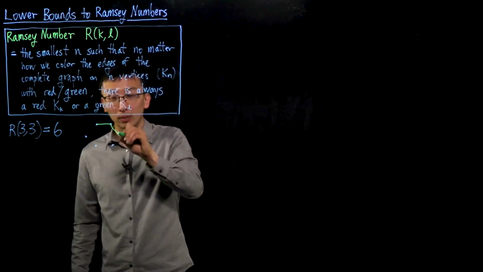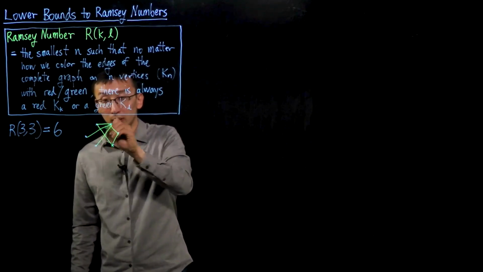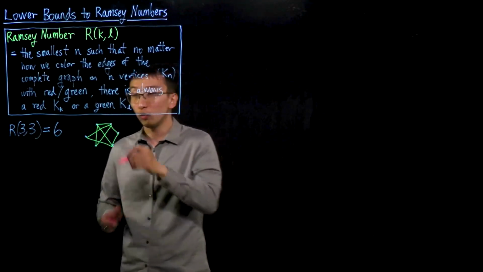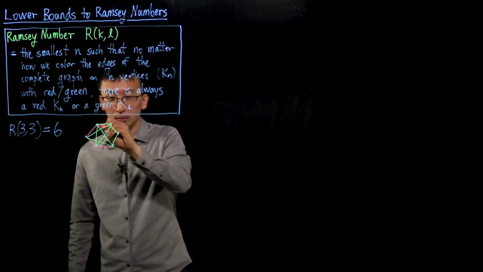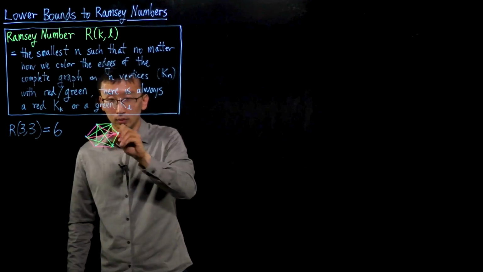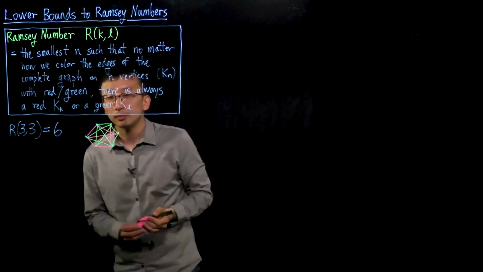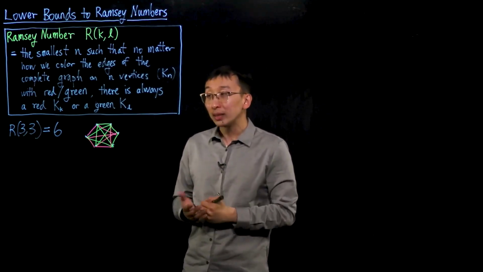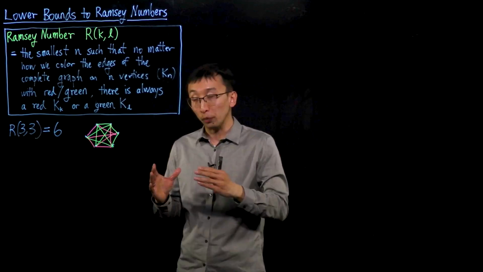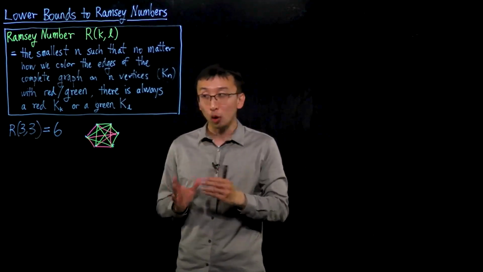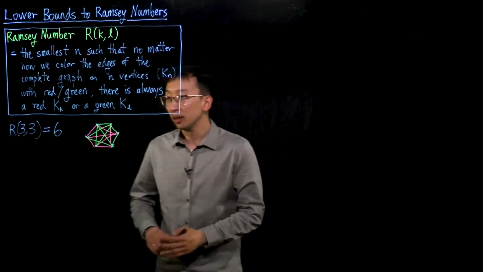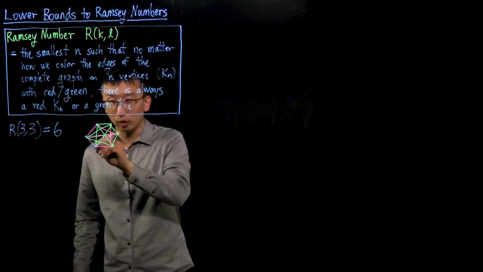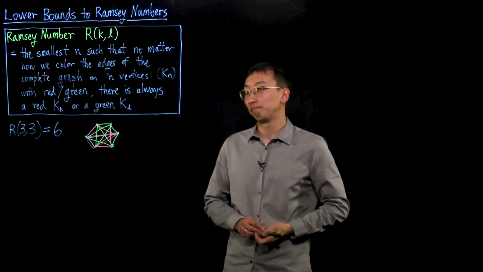So for example, maybe these edges are colored green, and the remaining edges are colored red. Then no matter how we do these colorings, there always exists a triangle which is completely red or completely green. In this example here, you see this is a triangle that is completely red.